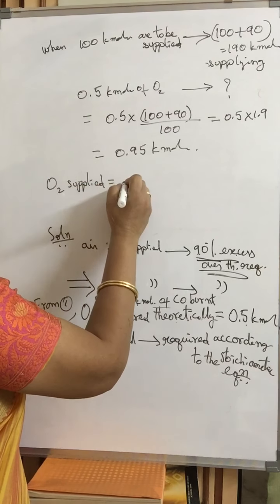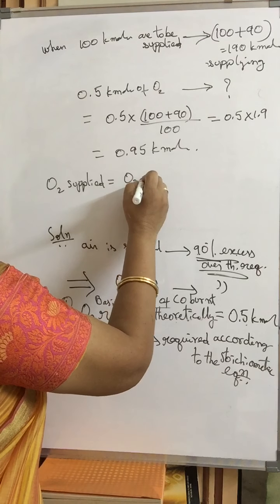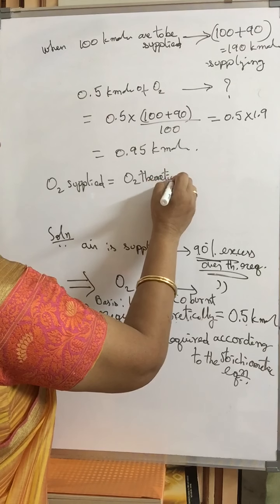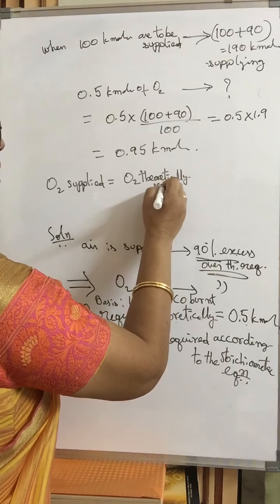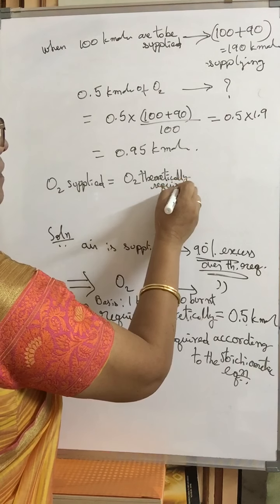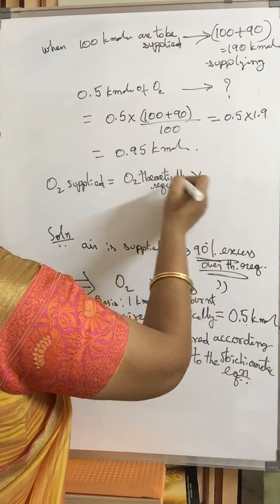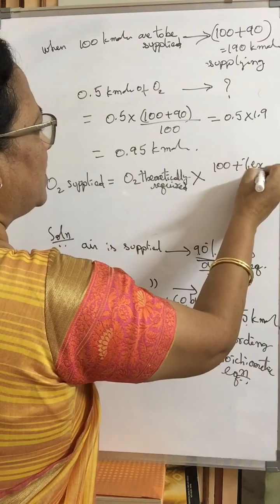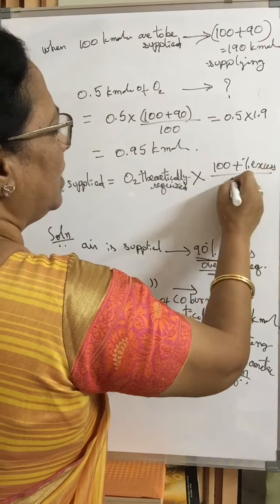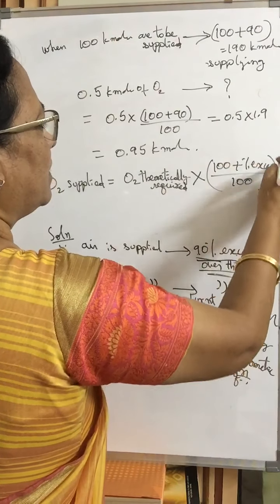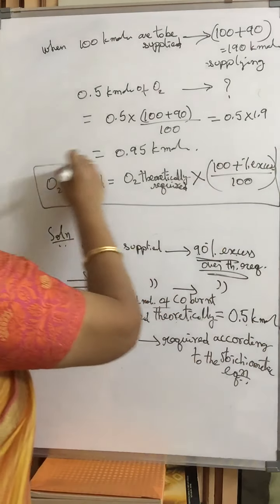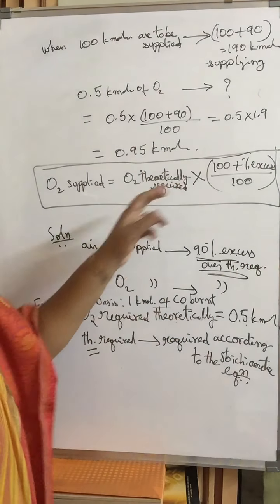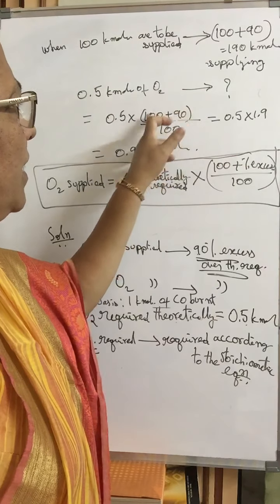This calculation we can formulate like an equation: oxygen supplied is equal to oxygen theoretically required into (100 plus the percentage excess, however much it is) by 100. Here the percentage excess is 90%, that is why 100 plus 90.